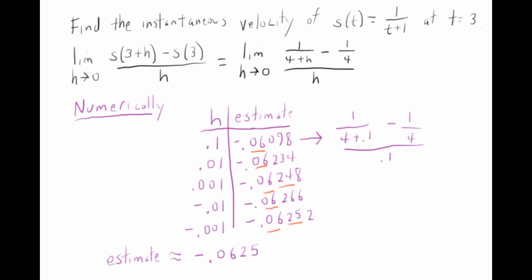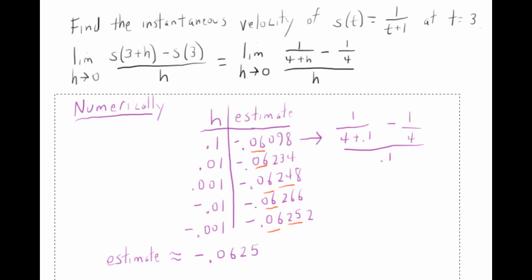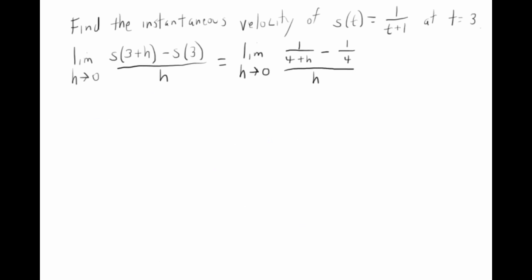Now, we've done that numerically. Let's do that algebraically. So, when we're doing this algebraically, what we want to be doing is working with this limit. Notice that for right now, I cannot take this limit and plug in h equals 0, because then I would have a 0 in the denominator.